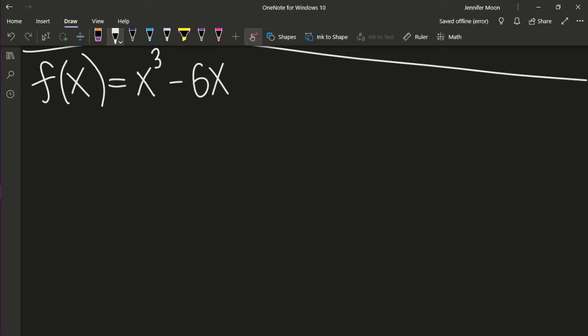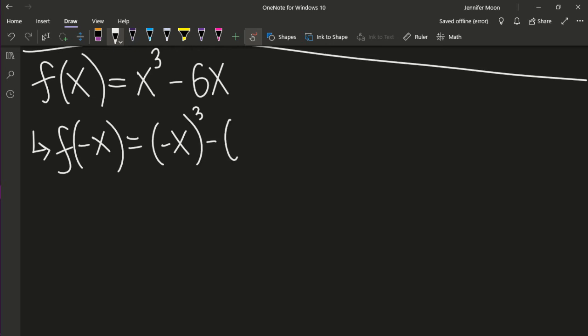The only way you're going to figure out whether a function is even, odd, or neither is to do our test, which is to plug in negative x. And so if we do the test, which is f of negative x, wherever I see an x, I plug in a negative x.